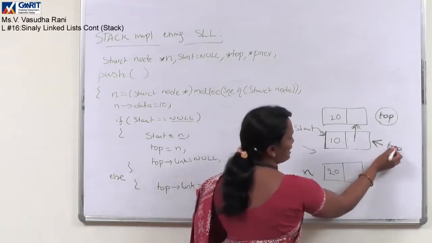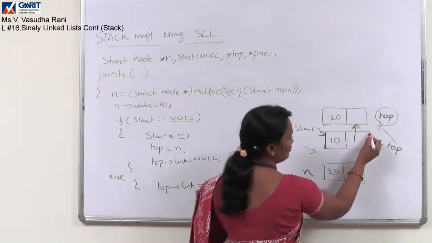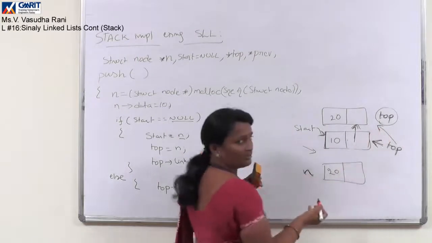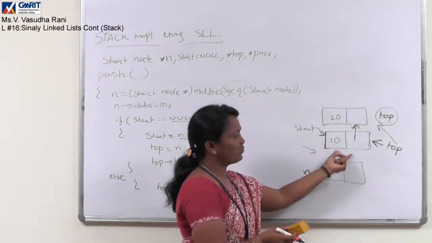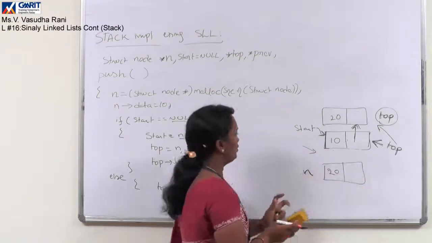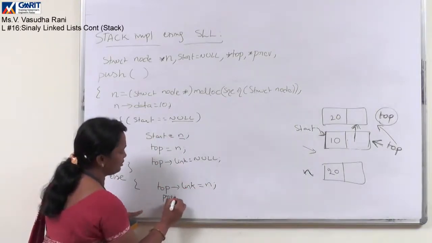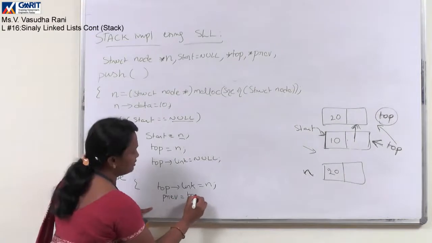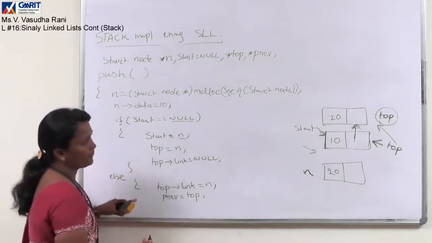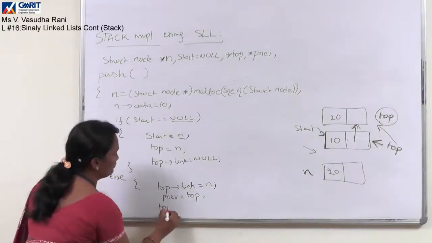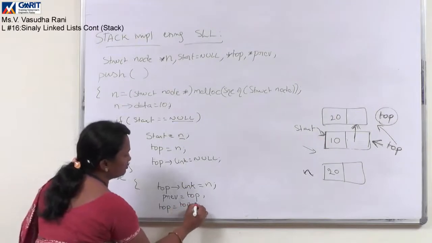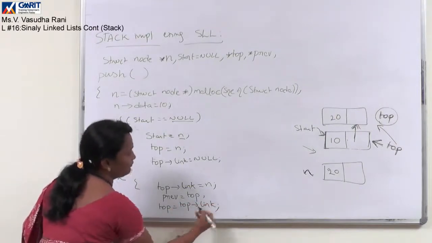But before passing top from the previous node to the next node, as we have already discussed, the previous pointer also has to be stored. So we store in the previous pointer the address of top, then we make top equal to top link.